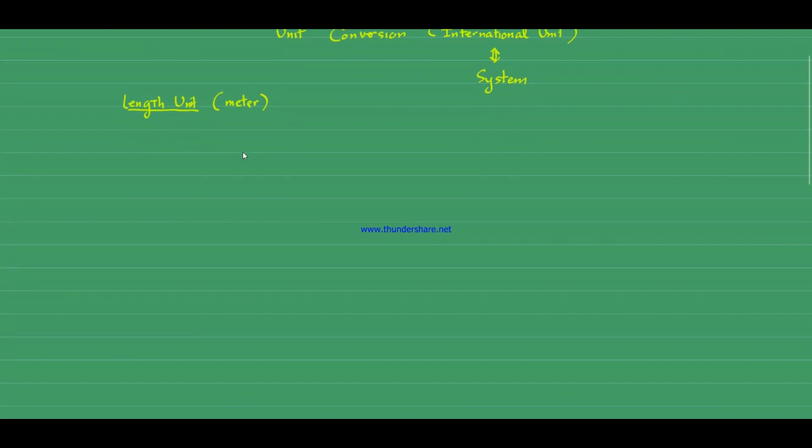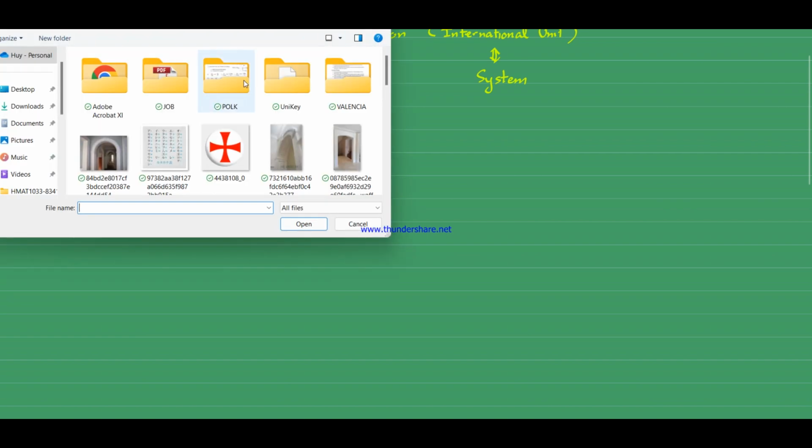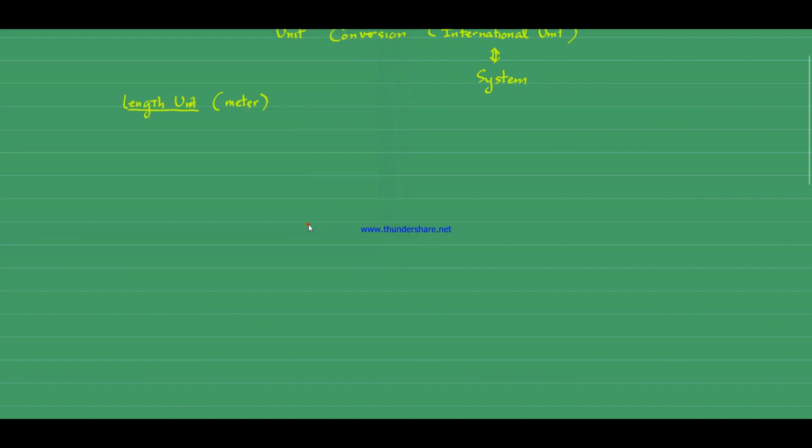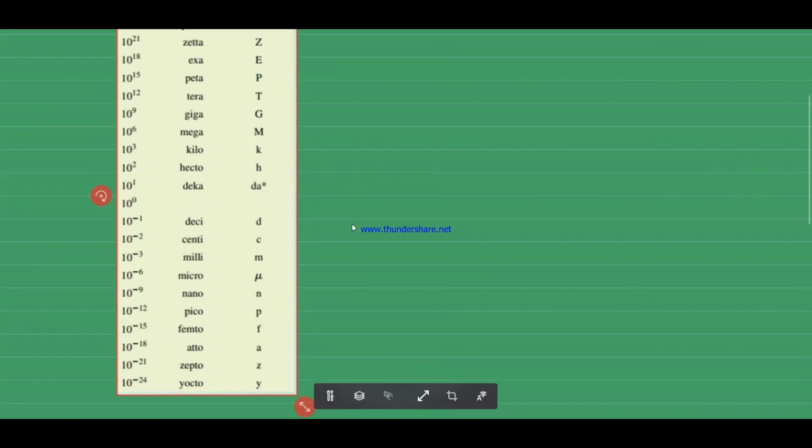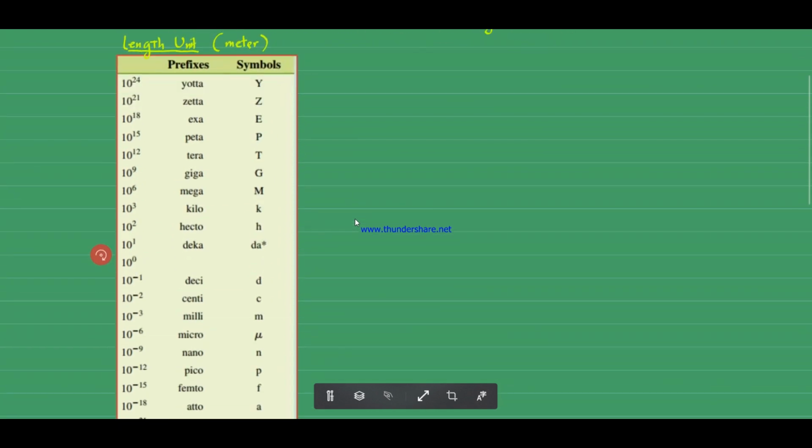Now let me give you the table over here. It provides the metric system, and this metric system is based on some prefixes.